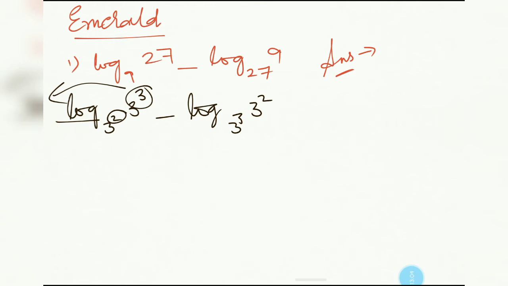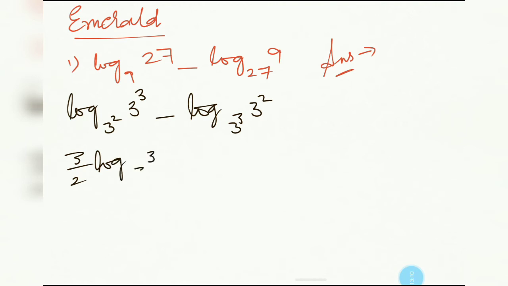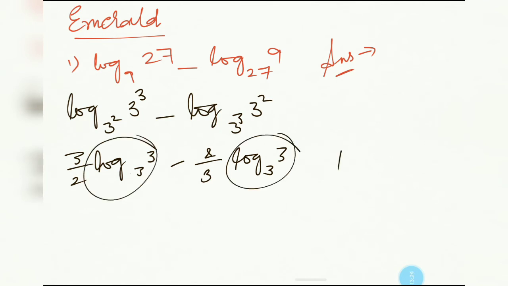Am I correct? Now this 3 will become the power here, and this will go forward. Okay, so it is going to be 3 by 2 log 3 to the base 3 minus 2 by 3 log 3 to the base 3. Now log 3 to the base 3, what is it going to become? 1. Right, so simply you can write it as 3 by 2 into 1 is 3 by 2 minus 2 by 3 into 1 is 2 by 3.